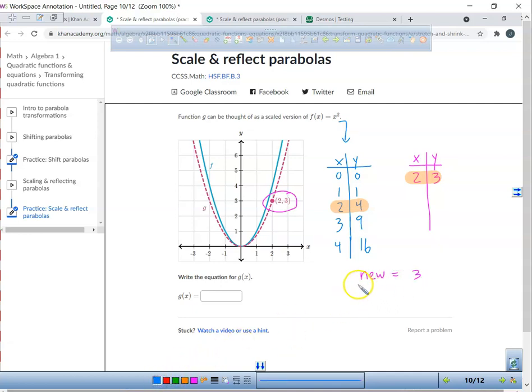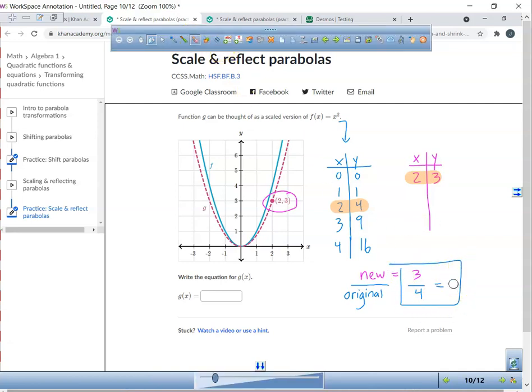What was my original y value? My original y value was 4. What did I just find? Found my new a value. I realize it doesn't look like an a, but you're not going to hate me. So that's my new a value.